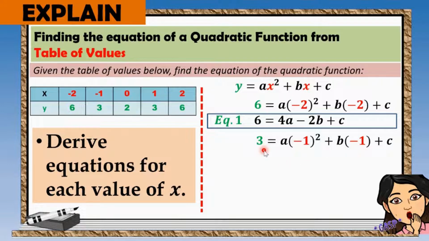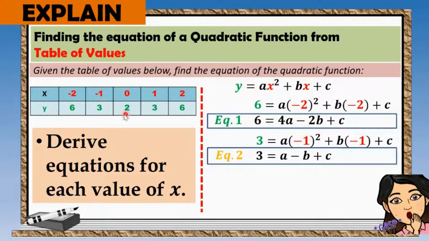So, simplify. 3 equals a minus b plus c. Take note that a here becomes positive kasi negative 1 squared is positive 1. Then, yung b times negative 1 is negative b, kaya siya naging minus b dito. So, this is our equation 2.